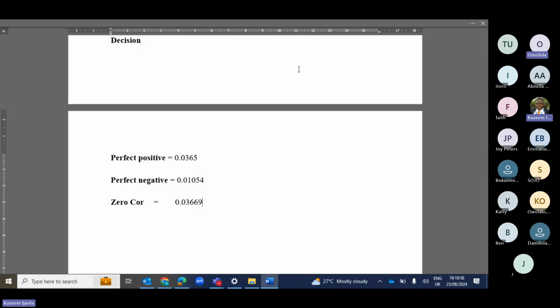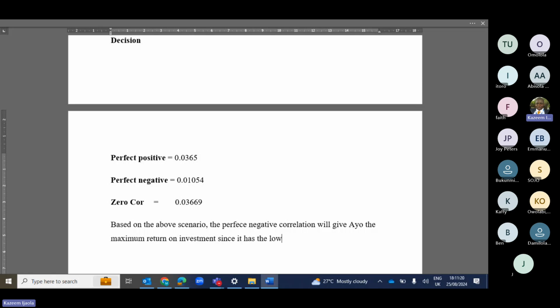So based on the above scenario, the perfect negative correlation will give Ayo the maximum return on investment since it has the lowest risk, lowest standard deviation.